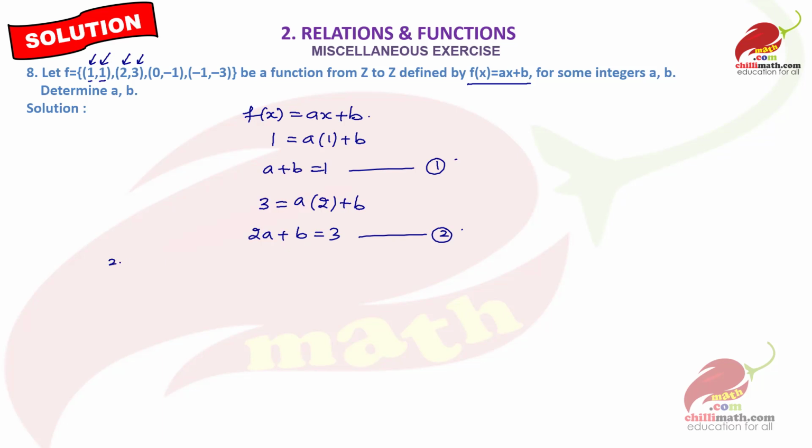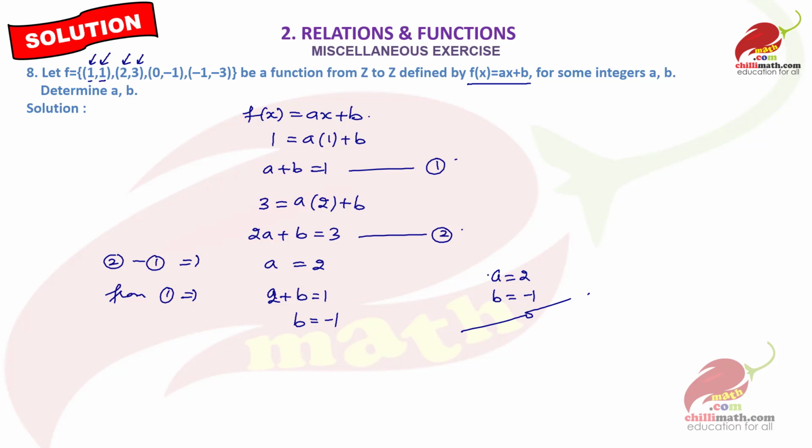So solving these two equations, equation 2 minus 1 gives us 2a minus a, b cancelled, 3 minus 1 is 2, so a is 1. Sorry, a is 2. And from equation 1 we can find b, that is by putting a equal to 2, 2 plus b is equal to 1, so b is equal to minus 1. So a is 2 and b is equal to minus 1. That's your answer.